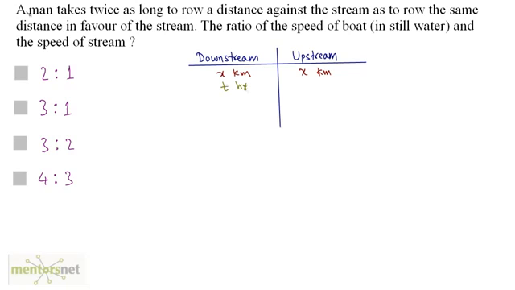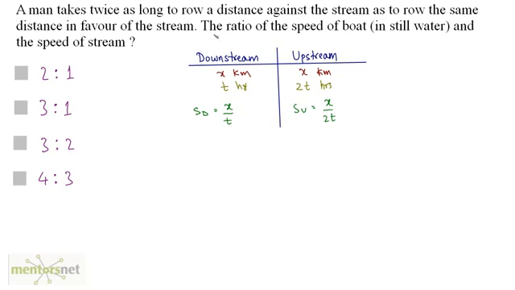Now it is given that the man takes twice as long to row a distance against the stream as to row the distance in favor of the stream. So upstream the time taken is twice t hours. Now we have the time and distance, we can calculate the speeds. Downstream speed is equal to x by t, and the upstream speed is equal to x by 2t.